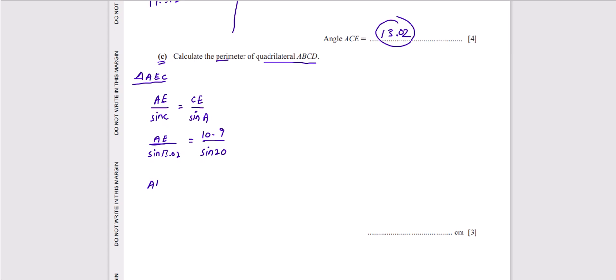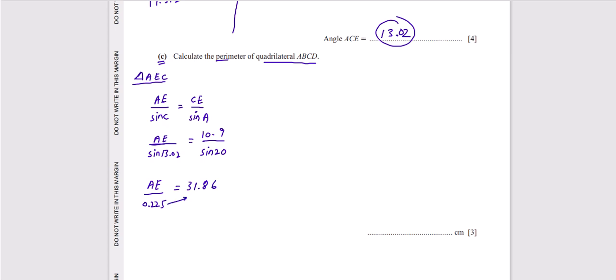So AE divided by sine 13.02, that is equal to 0.225, is equal to, calculate these values, 10.9 divided by sine 20, that is equal to 31.87.